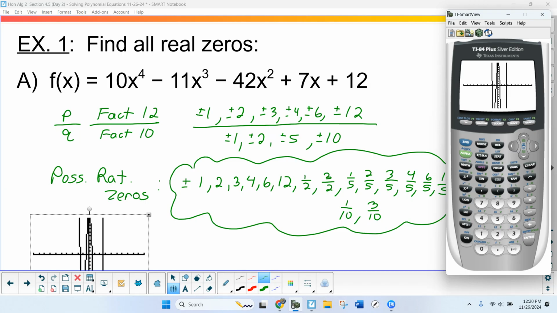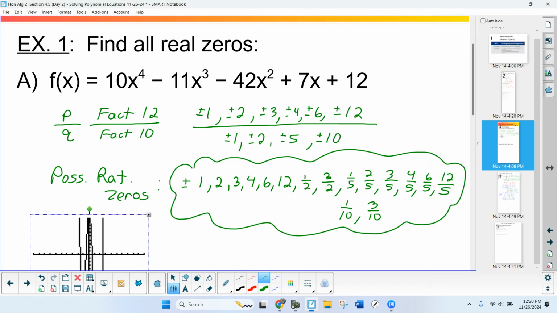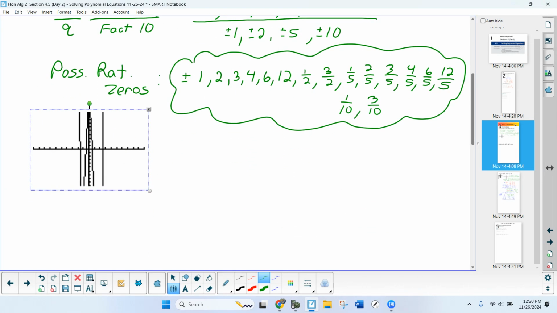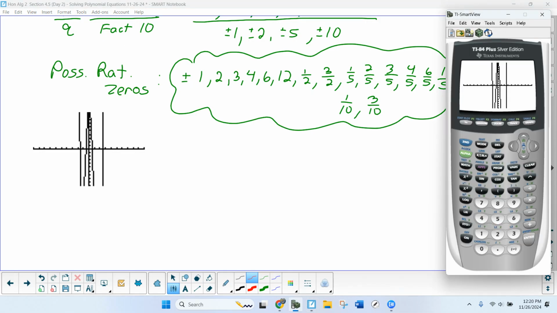But I'm looking here and I'm going, okay, if I look here, this 0 is between 0 and 1, and I got a gazillion. 2, 3, what's between 3 and 4? Do I have any between 3 and 4? No. I don't have any between 3 and 4. So when I do find my zeros, I'm not going to find this one because I know it's not one of my rational zeros. It's actually irrational.